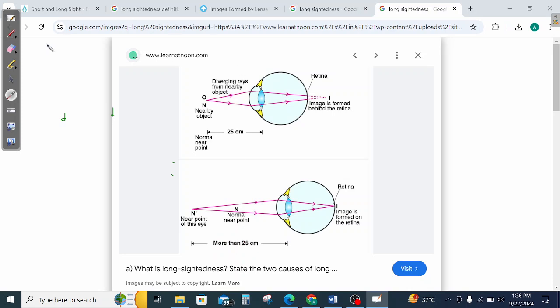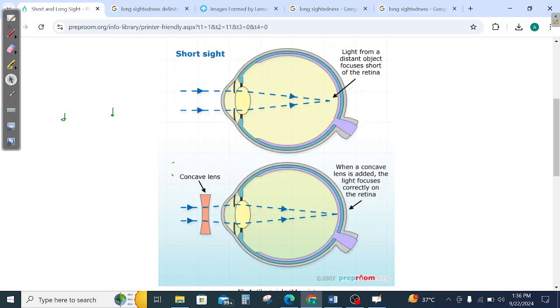If you look at one more thing, in short sightedness we use a diverging lens, that is a concave lens. In short sightedness, you can see nearby objects clearly, but distant objects will be blurry in your eye. In that case your image is formed in front of the retina.